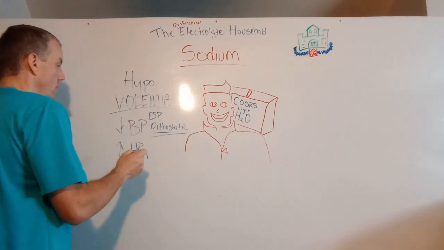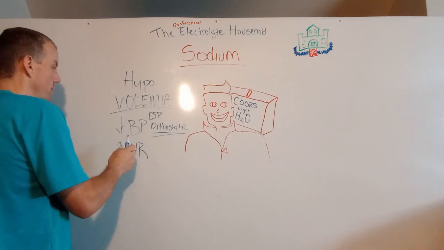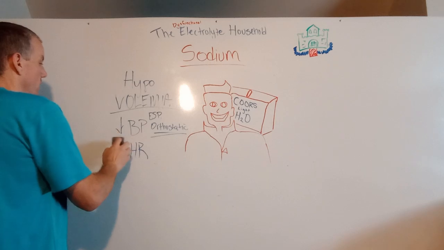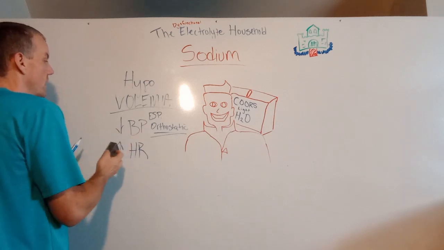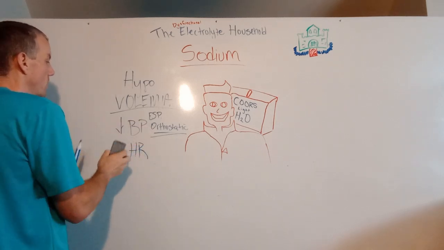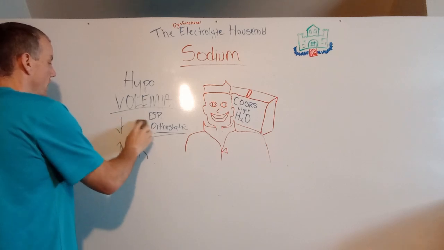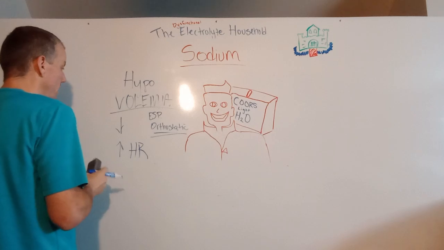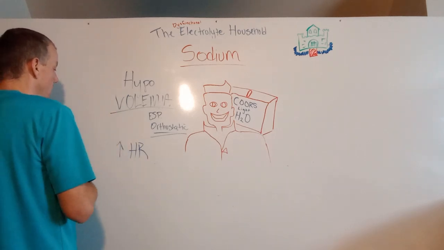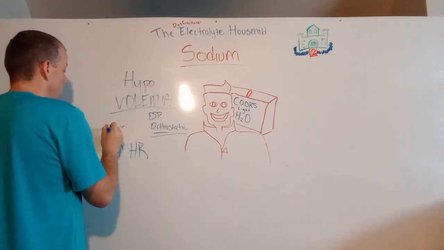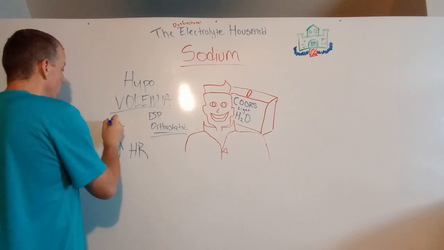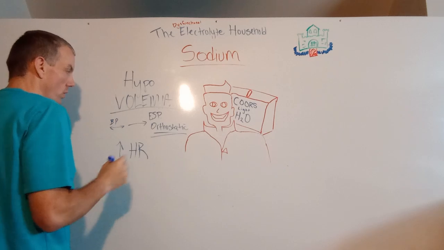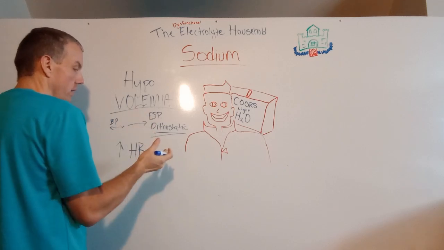And so the total effect can be mostly that, in severe cases, you can get general low blood pressure, but typically what happens is that the increased heart rate compensates for the decreased volume. And so, unless it gets really bad, you get normal BP, but you still have the orthostatic low BP.